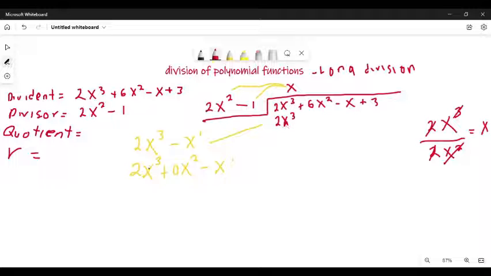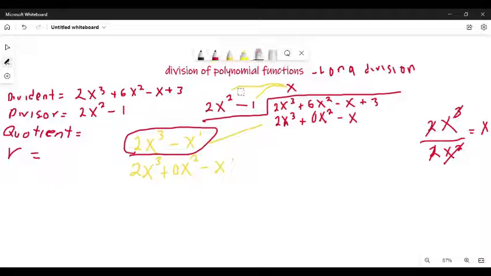So as you can see, this has got x to the power 3 with x to the power 3 as its like term. Then plus 0x squared, then minus x. You've seen how we've matched this equation with what is there already. So don't make a mistake of writing it exactly like this. Always check the powers of the polynomial. They should descend in order like this: 3, 2, 1.